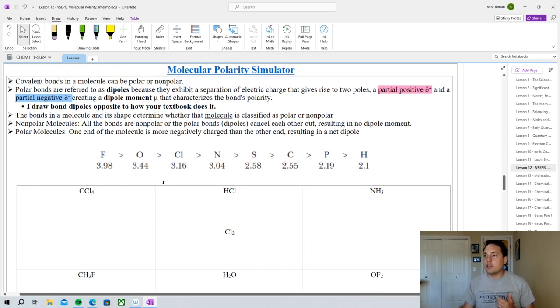Now, we can also look at the molecular polarity of a molecule. So if we have a molecule that is covalently bonded, it can either be polar or it can be nonpolar. And the overall molecule can also have a polarity as well.